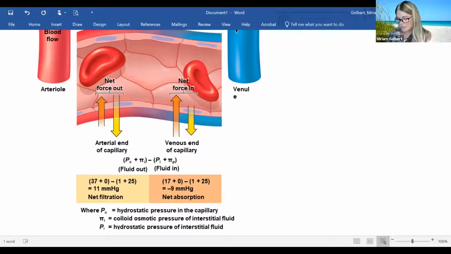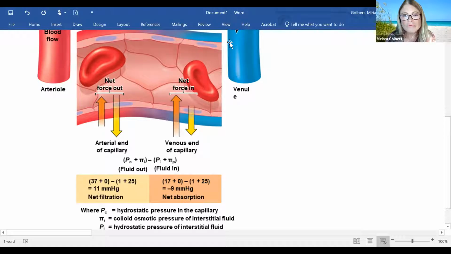I don't care if you don't know the exact abbreviation for blood pressure, hydrostatic, pi I or pi P, but that you have the concept and what the numbers mean, right? It's not just numbers that you memorize. They mean something. They mean that we are pushing things to the tissues, and then we are reabsorbing a lot at the other end.